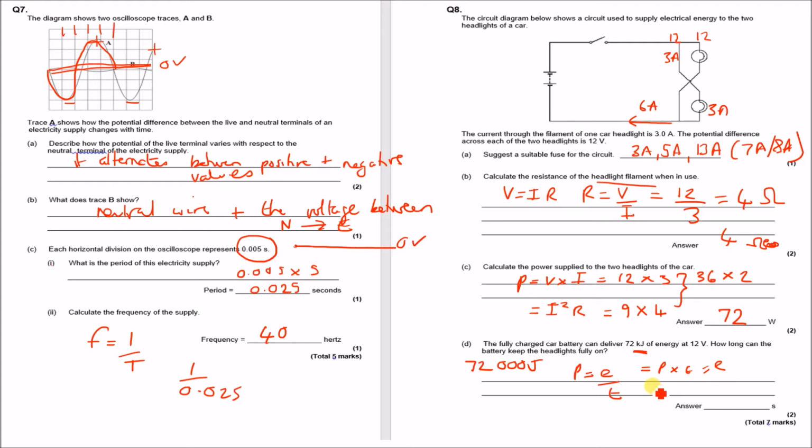Our power we've just worked out as 72 watts, and we're trying to find out the time here. So we know that the time is equal to energy divided by power if we rearrange these two. So if the energy is 72,000 and we divide that by 72 watts, which we said here, we can just cancel those, and that will equal 1,000 seconds.